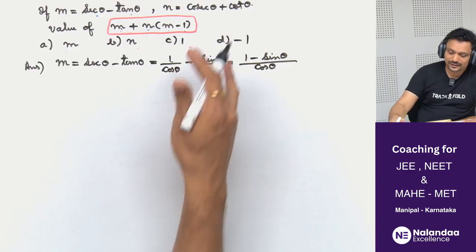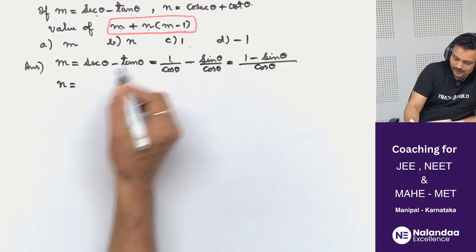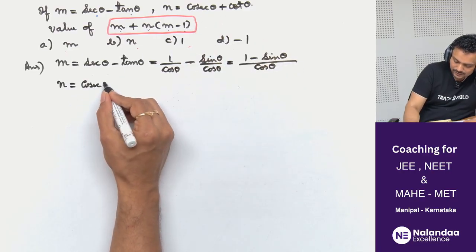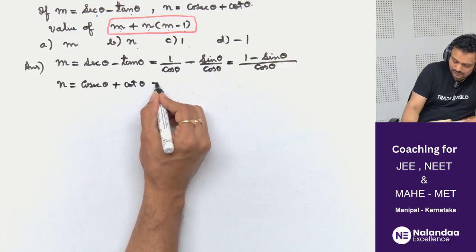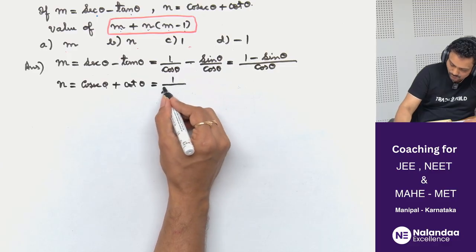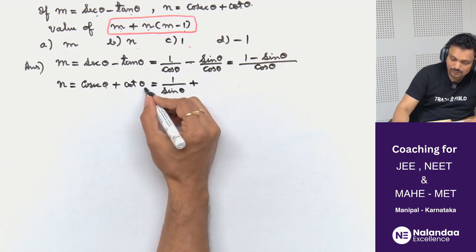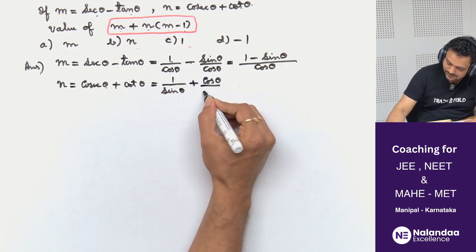I will give the same treatment to the term n also. So similarly, let me take n as it is given, cosec theta plus cot theta. Let me write cosec theta as 1 by sin theta, plus cot theta as cos theta by sin theta.